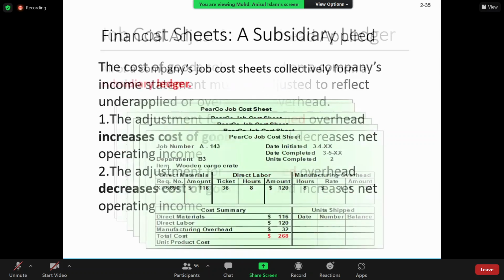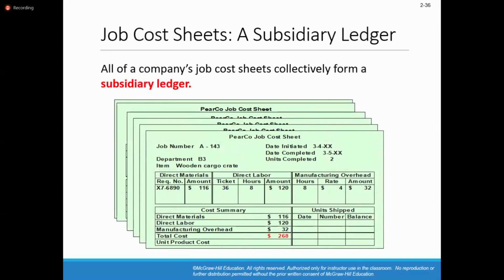And the role of job cost sheet is like that: over time in a particular year, you will complete a number of jobs, say 10 jobs. If you are a big company, you have a large order amount, or if you are a small company, you may have completed 100 jobs or 150 jobs.